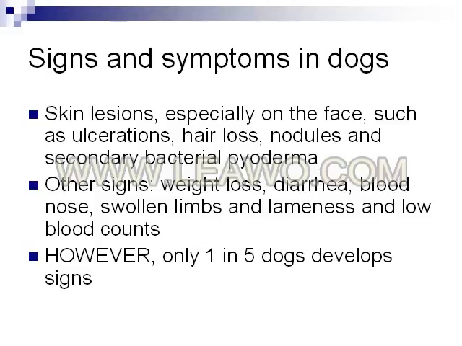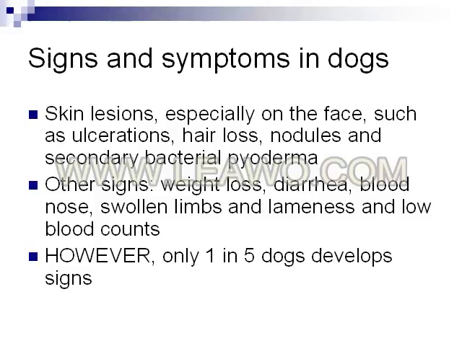So with good education, the last thing I'd like to mention is signs and symptoms in dogs, which are again skin lesions, especially on the face, ulcerations, hair loss, nodules, secondary bacterial pyoderma.